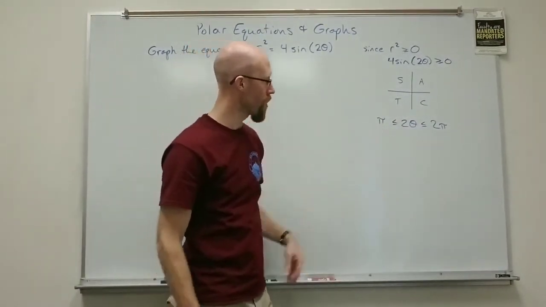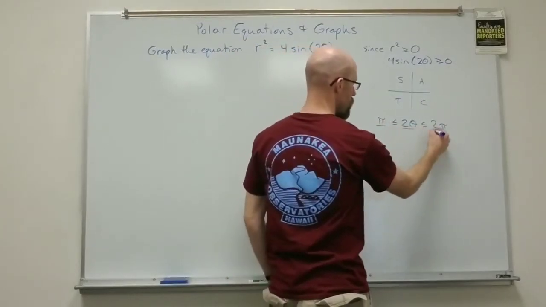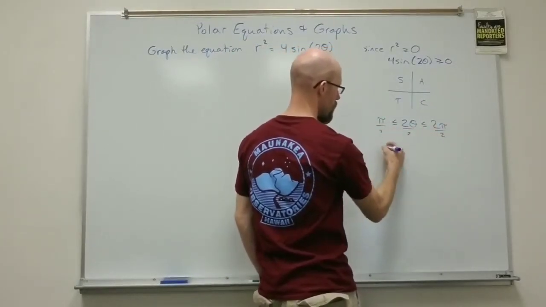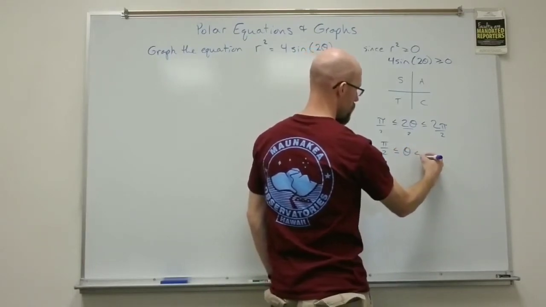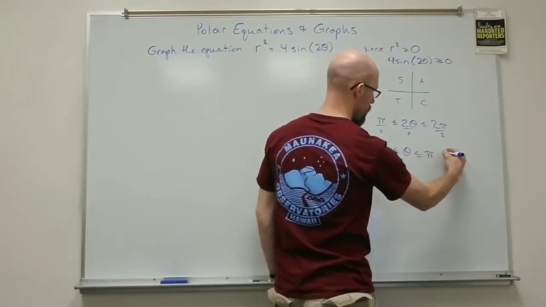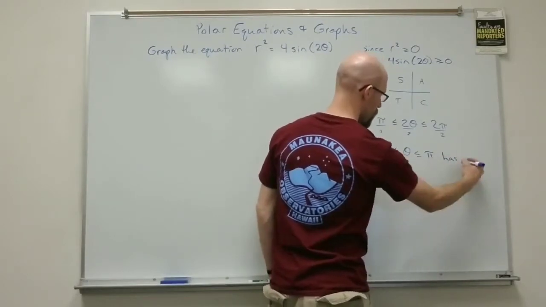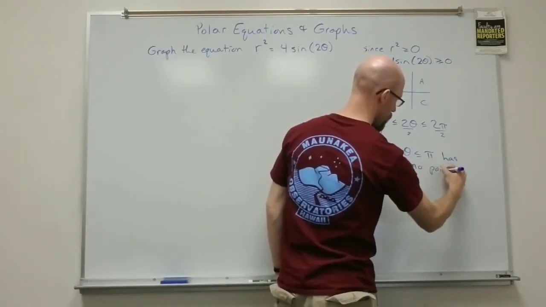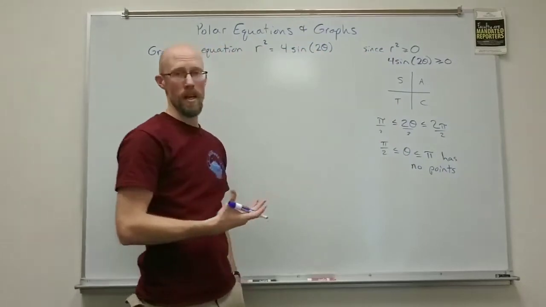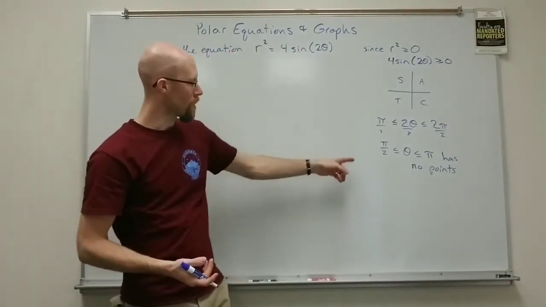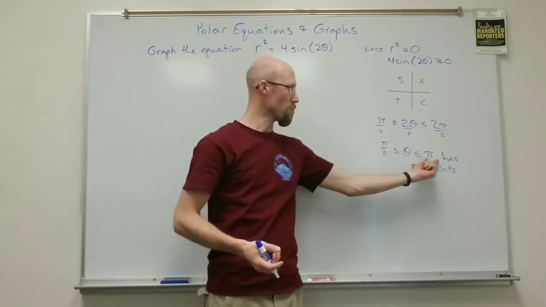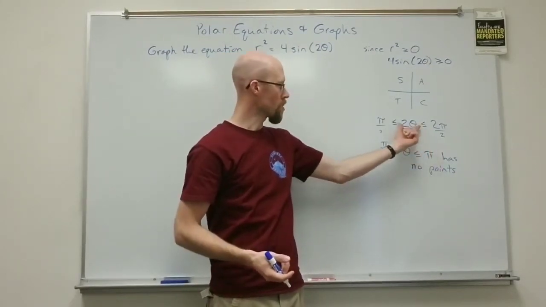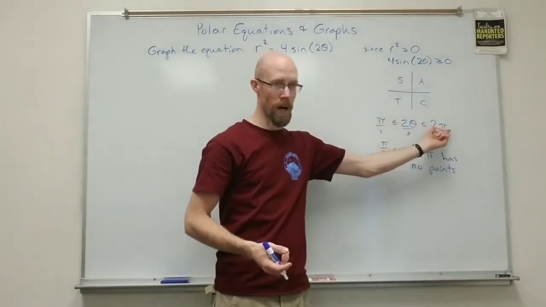Here, this would give me third and fourth quadrant angles. If I solve for theta, dividing out the 2 on all those parts, it tells me that pi over 2 less than theta less than or equal to pi has no points. The function is actually undefined there, because if theta is between pi over 2 and pi, that would make 2 theta between pi and 2 pi.